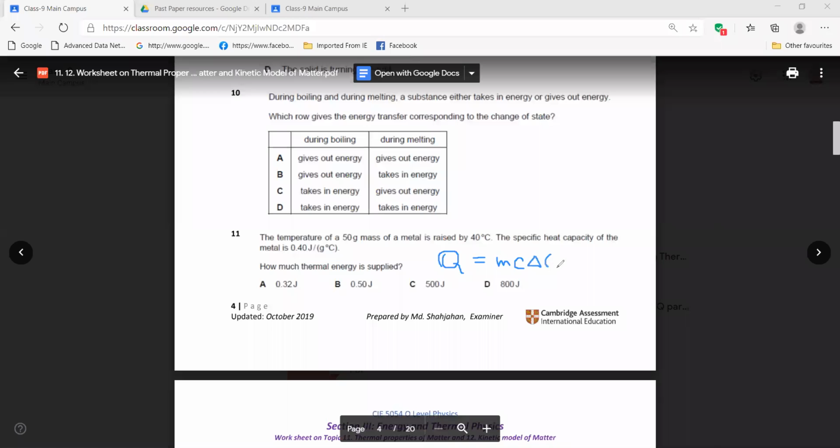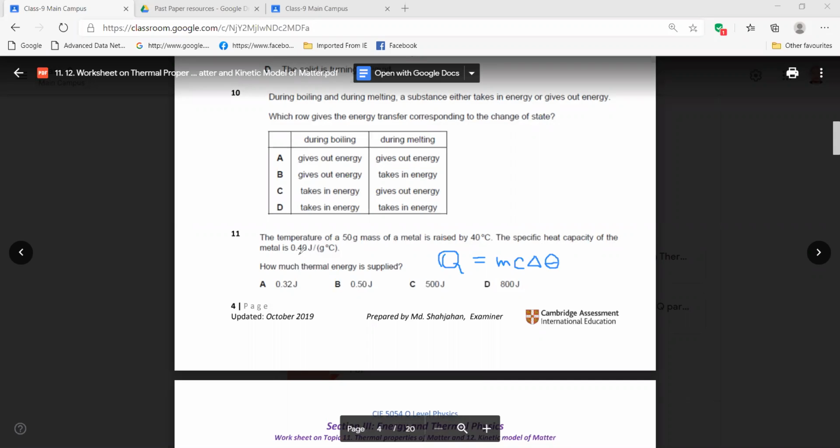The question we did previous time, we converted the mass from gram to kg. But this one, do you need to convert? No. Here the specific heat capacity is given in joule per gram per degree Celsius.